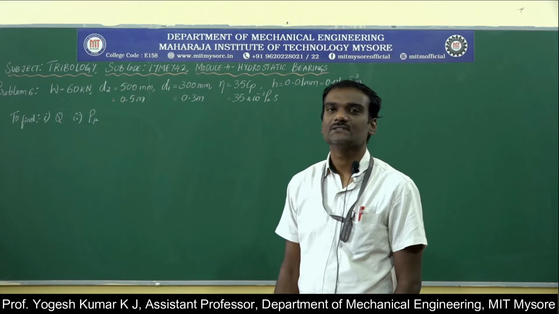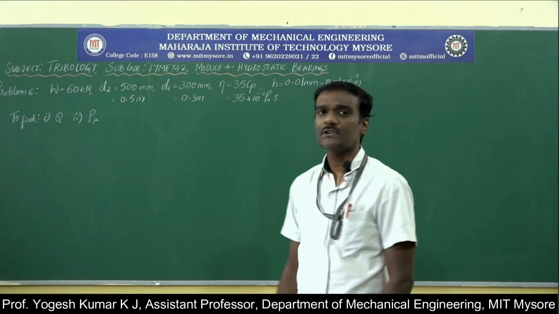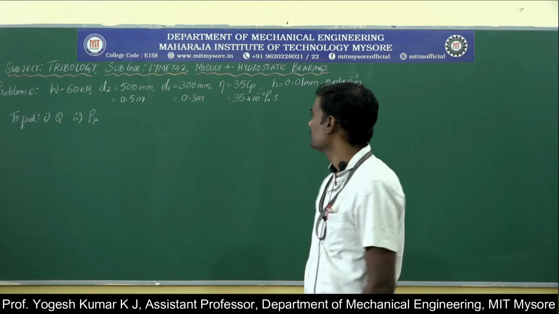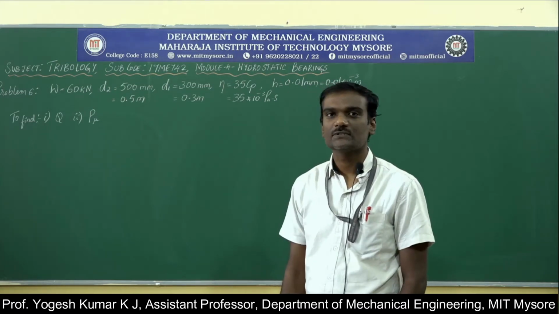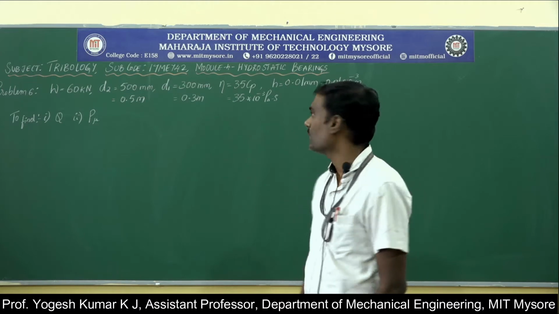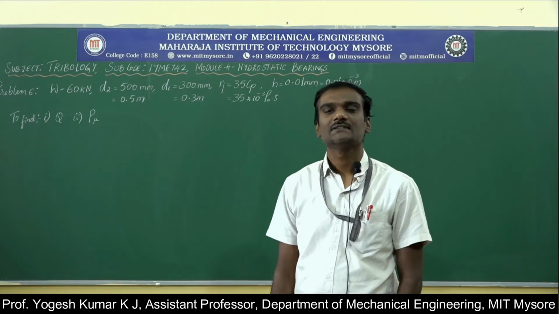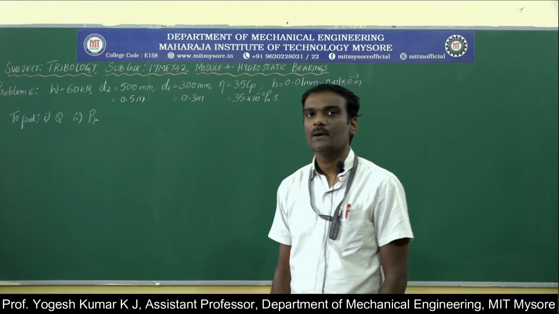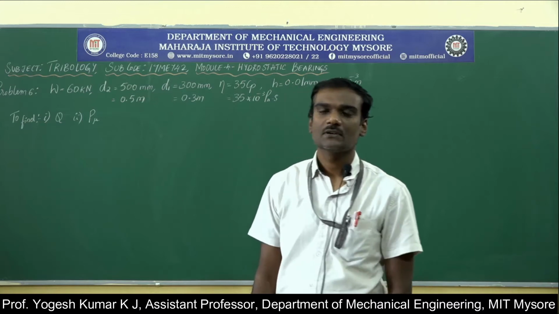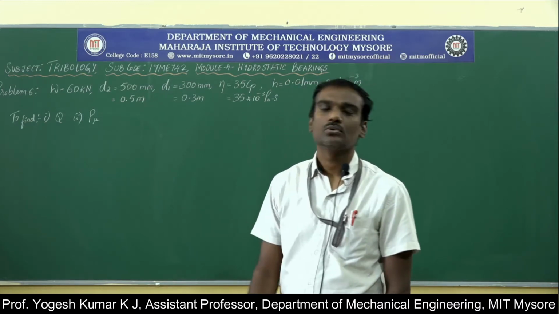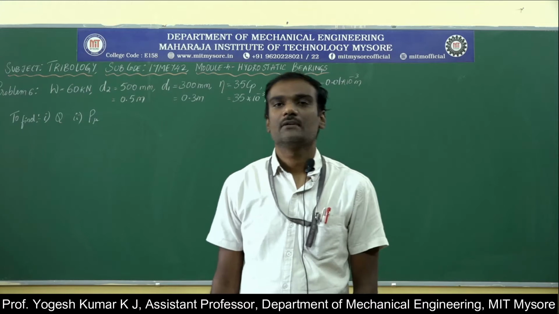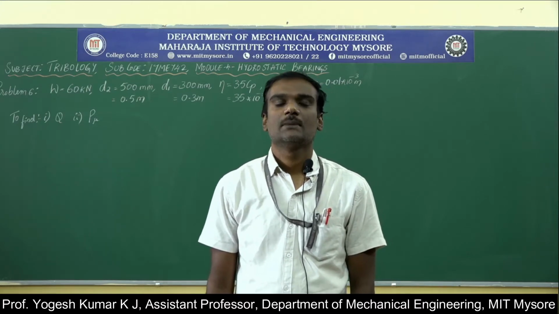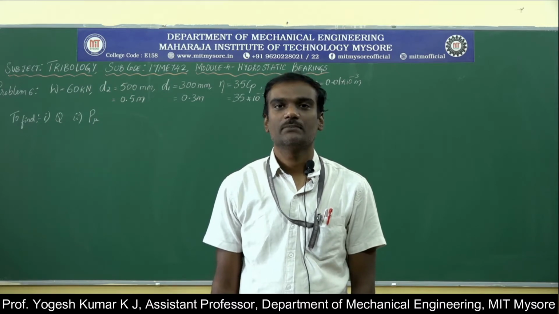Diameter of the pocket is 300 mm. Viscosity of the lubricant used is 35 centipoise, oil film thickness is 0.01 mm. Determine the oil flow through the bearing. Second sub question, the power loss due to viscous friction.